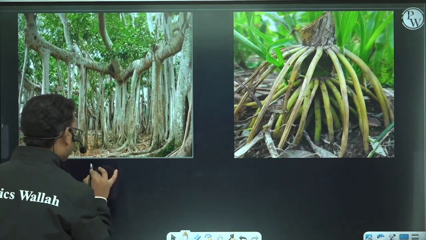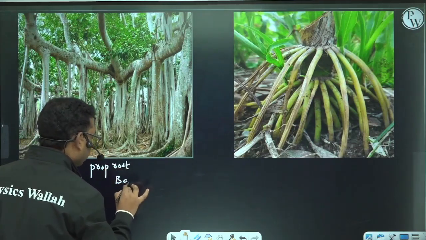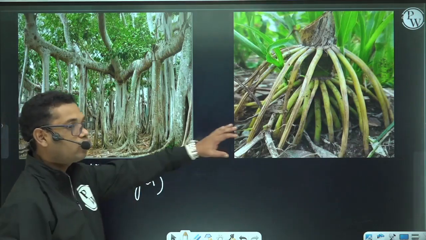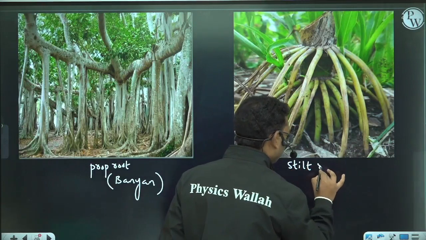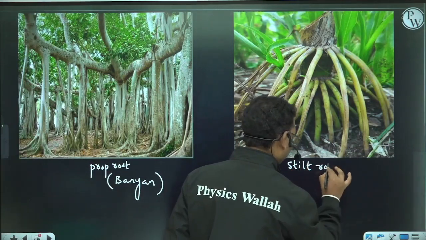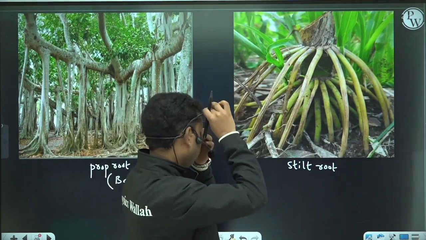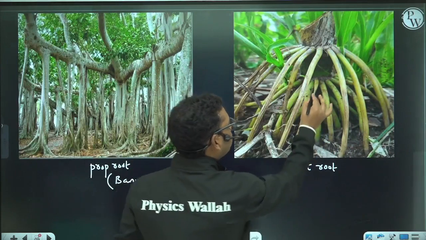This one is prop root found in banyan tree. Which tree? Banyan tree. And this one is stilt root, which is also known as brace root. Okay, and this one is maize plant. Okay, and you can see this part is node.